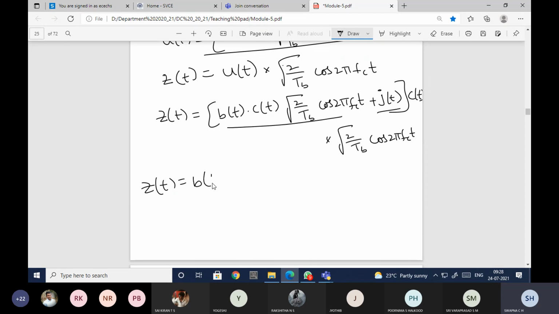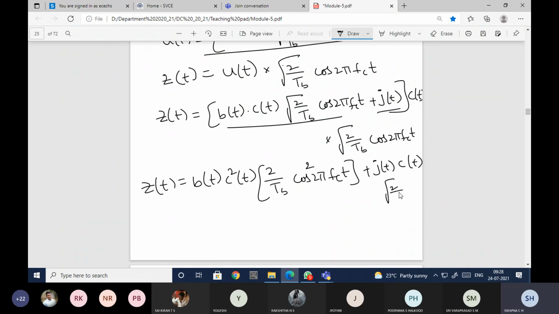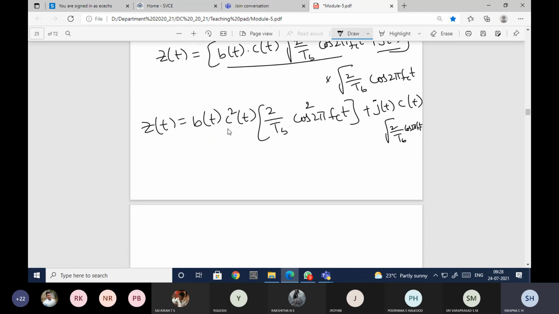So it will be b of t c square of t, root 2 by Tb cos 2 pi fct times root 2 by Tb cos 2 pi fct, it will be 2 by Tb cos square 2 pi fct. Okay, plus j of t into c of t root 2 by Tb cos 2 pi fct. Now what will happen? This c square of t is nothing but 1, you already know.